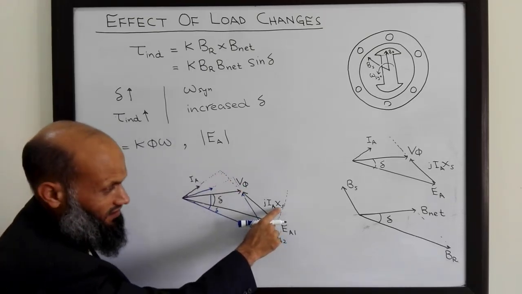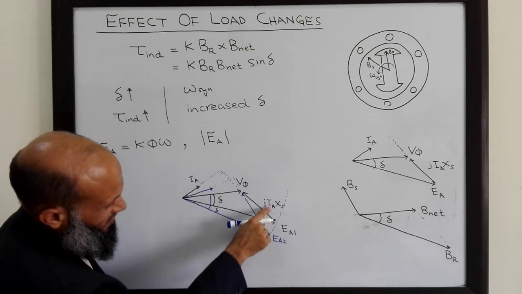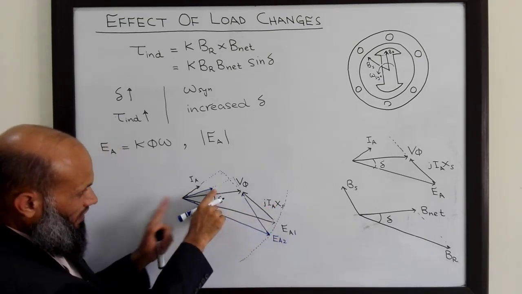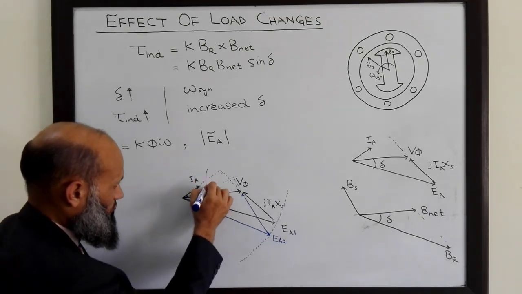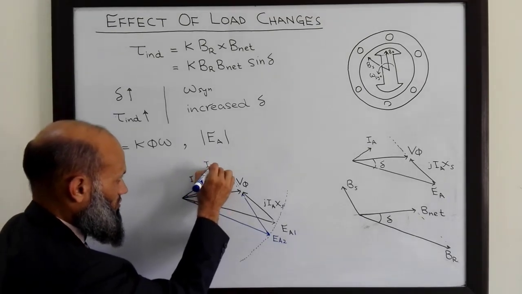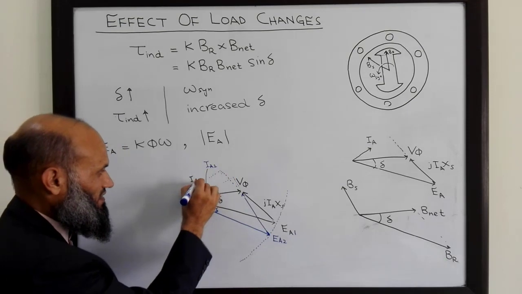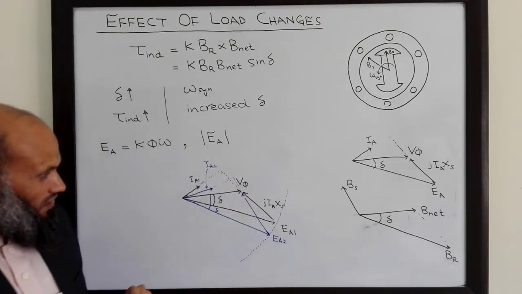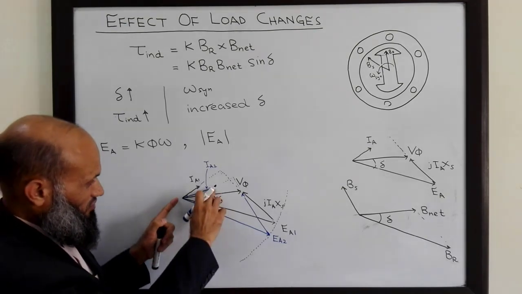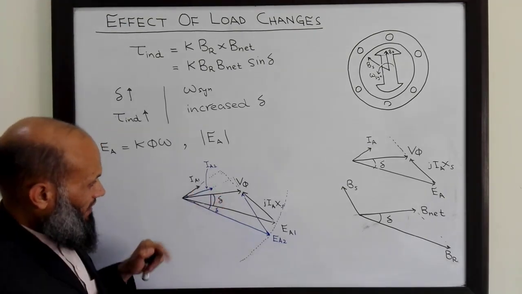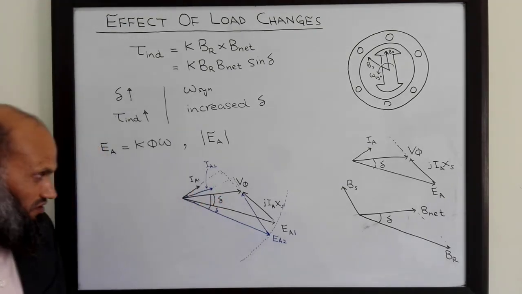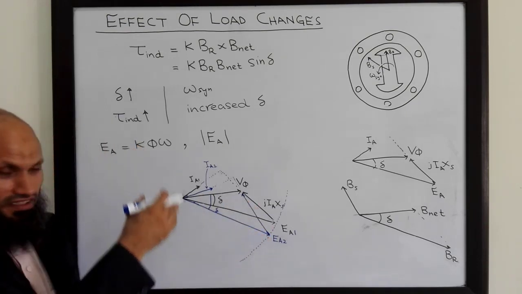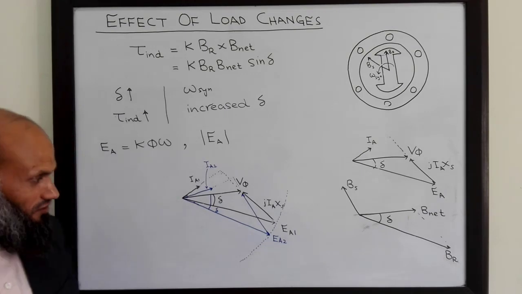Since XS is constant, it means that IA has been increased. So this vector IA2 corresponds to increased load. As you increase the mechanical load connected to the motor, the armature current increases and the torque angle also increases. These blue phasors correspond to increased load.